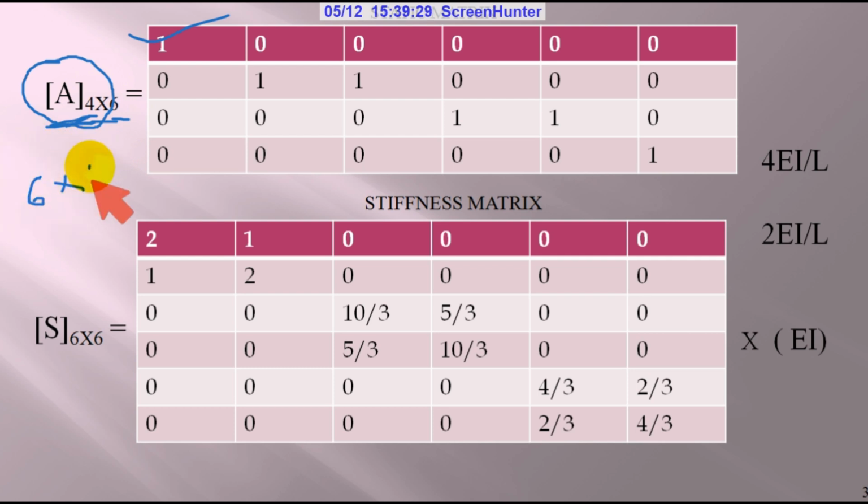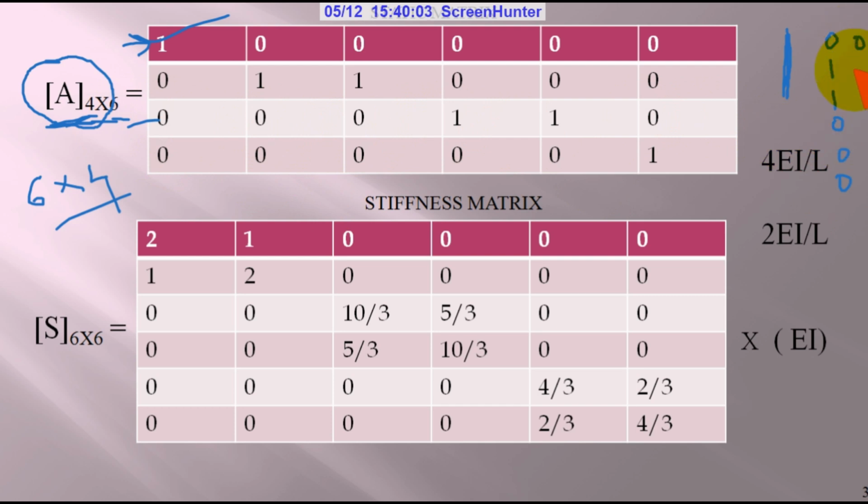Rows will get converted into columns and columns will get converted into rows. So this is the first row, 1 0 0 0 0 0. It will become column in transpose matrix. 0 1 1 0 0 0, it will become column 0 1 1 0 0 0. This is the third row, 0 0 0 1 1 0.